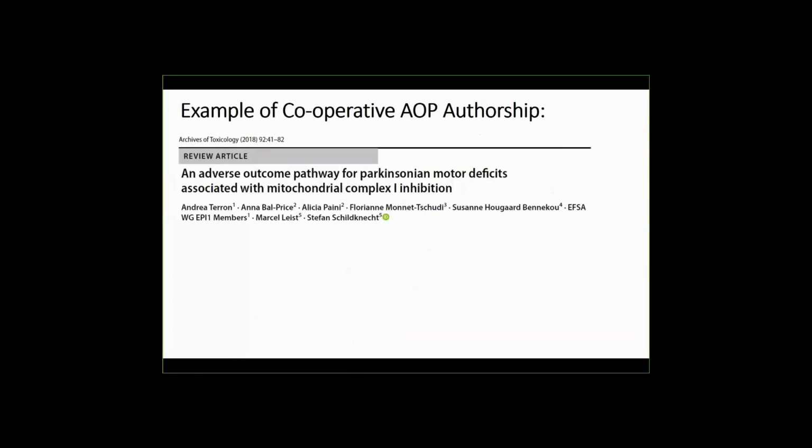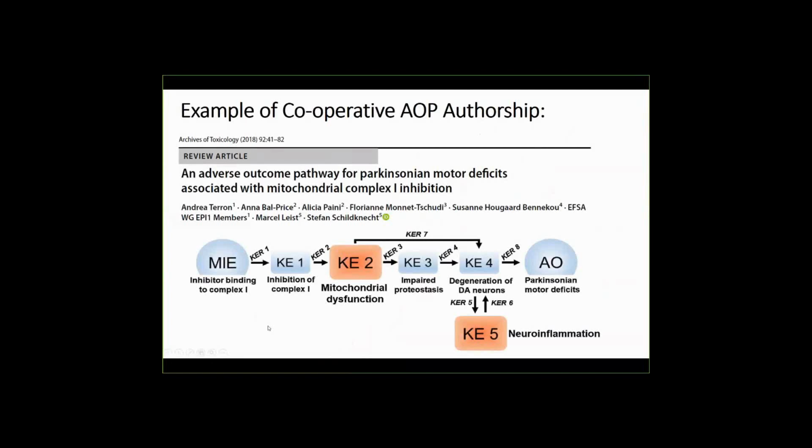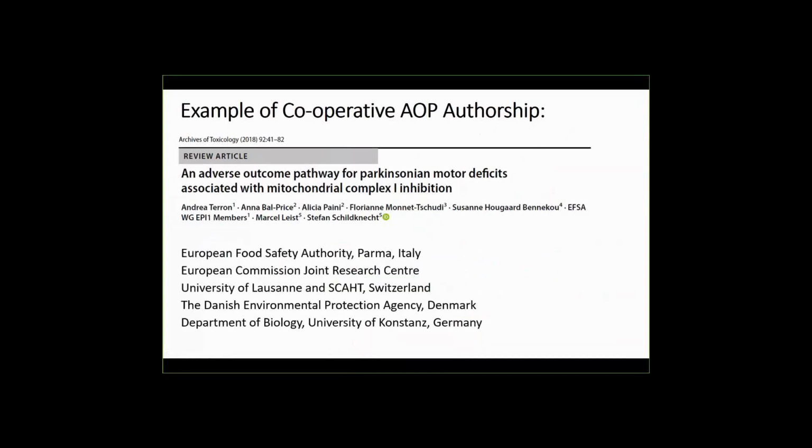But a really, really good example is this Parkinsonian motor deficits AOP. There's a publication that goes along with it, and this AOP was 7 key events and 8 key event relationships, and this was a collaboration between several different organizations.